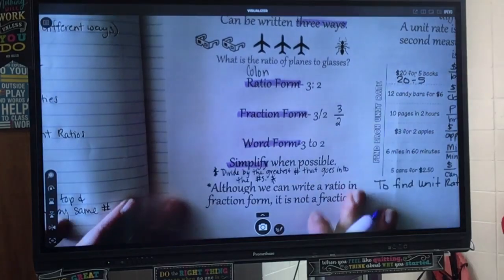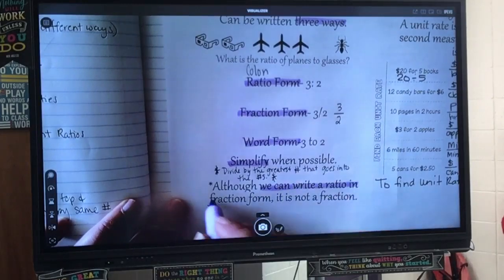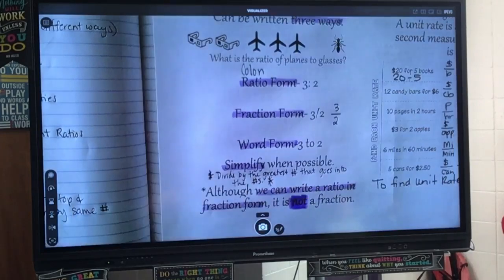And then this last one is really important. So although we can write a ratio in fraction form, it is not a fraction. So make sure that word stands out to you.